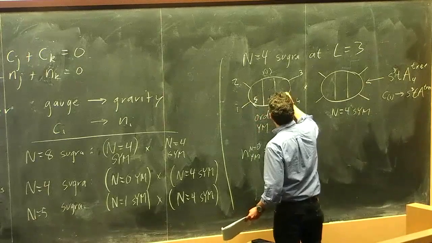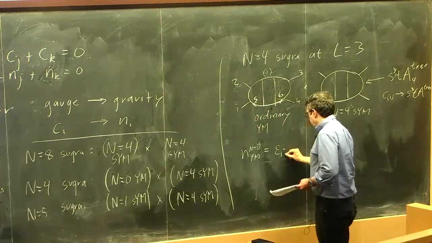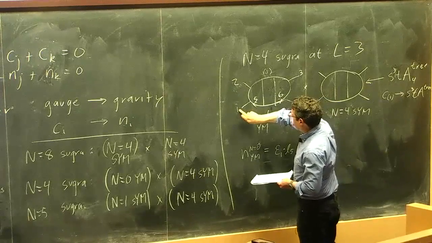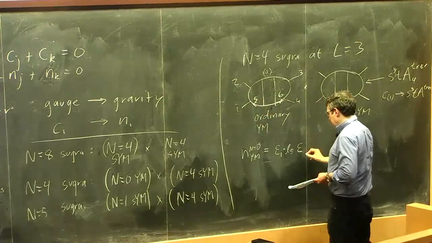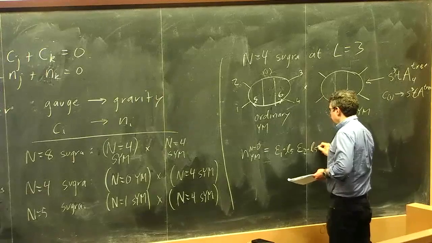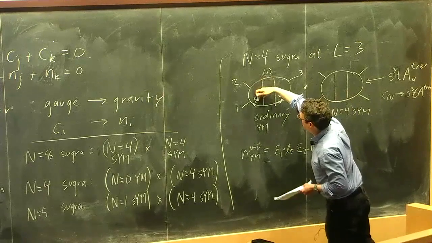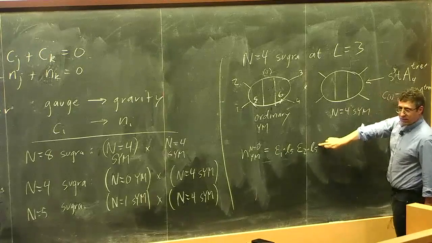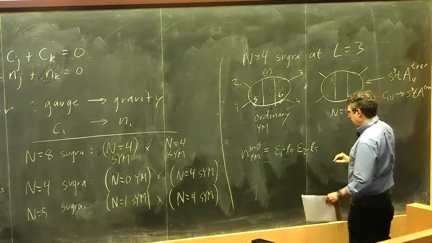Epsilon 1 dot L5. So it's just the dot product of this polarization without momentum. There's epsilon 2 dot L5. So it's this one dotted with that, or actually one of these momenta, but I'm only caring about the leading behavior, so the leading loop momentum.